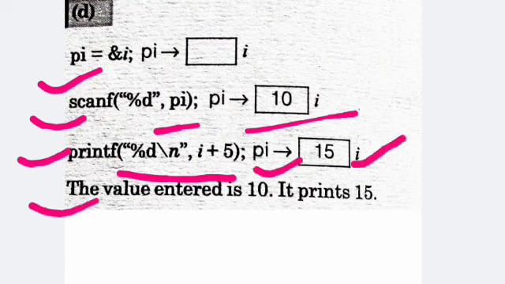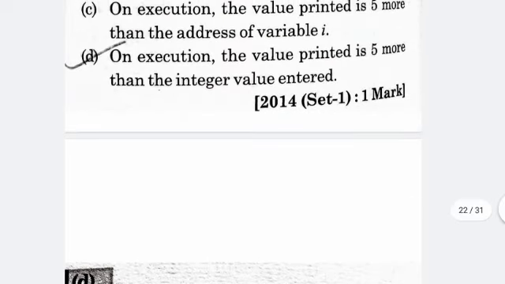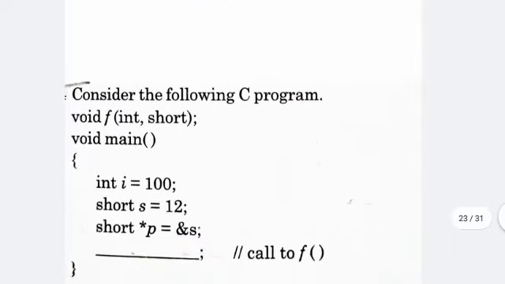Now the entered value is 10, and it is printing 15, so it is 5 more. More by 5 means option D is correct. That is, on execution the value printed is 5 more than the integer value entered. So option D is your correct answer. Now come to the next question.